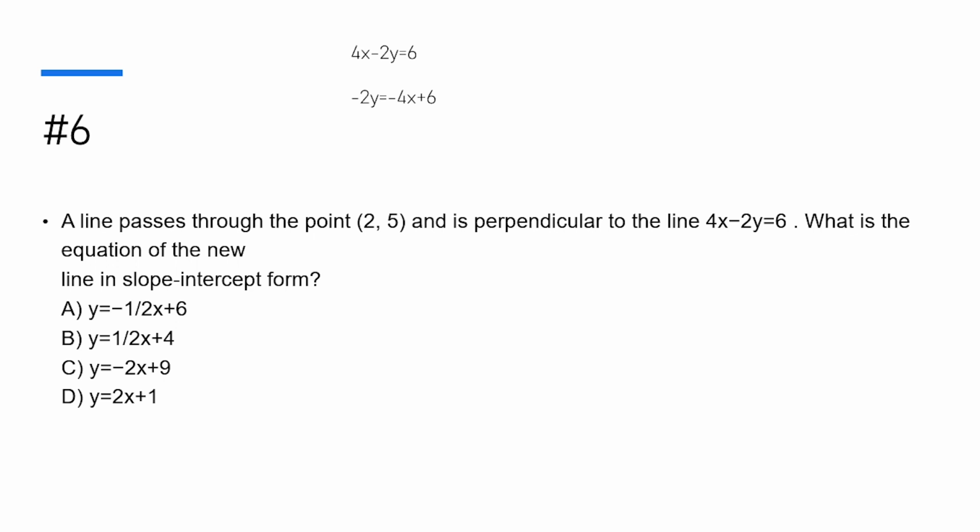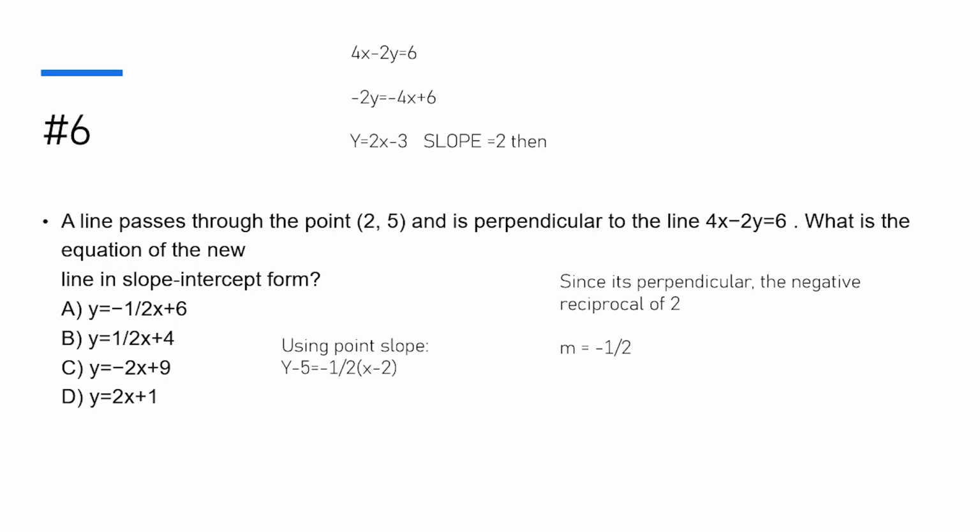Since we want to keep y as it is, we divide the whole equation by negative 2, which gives us y equals 2x minus 3. So this is our equation, y equals mx plus b, y equals 2x minus 3. Our slope is going to be 2. But since it's perpendicular, the negative reciprocal of 2 is negative 1 over 2. You have to flip the fraction and the sign.